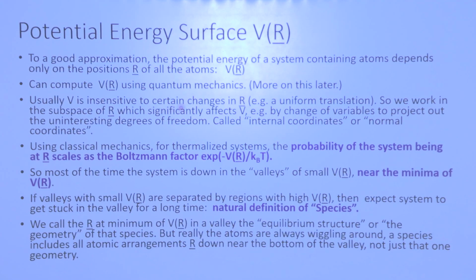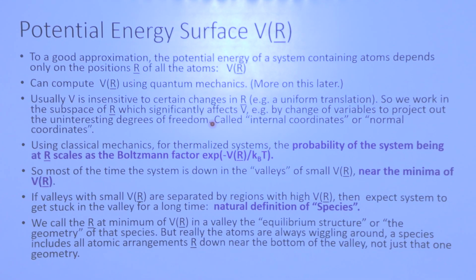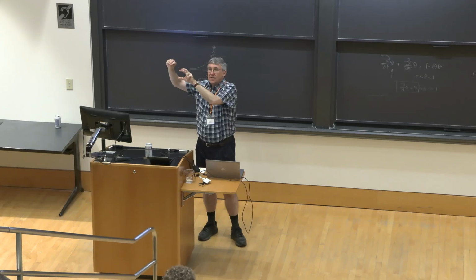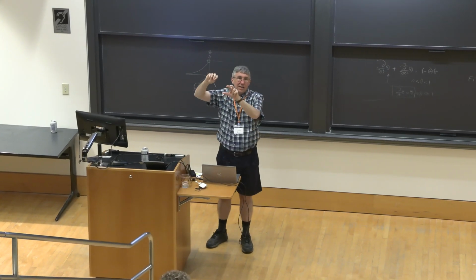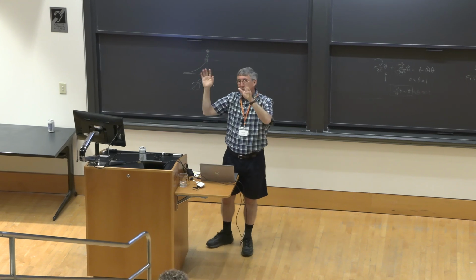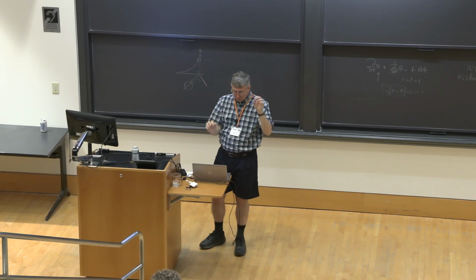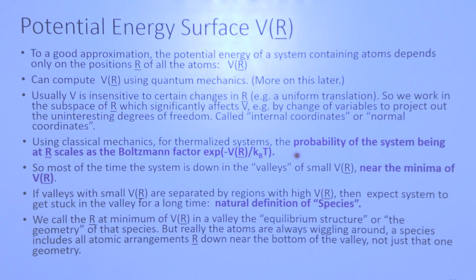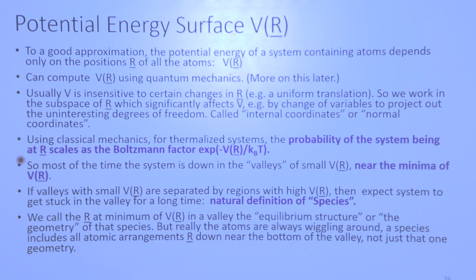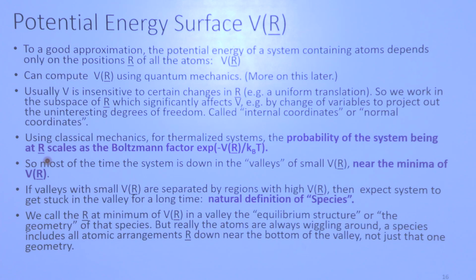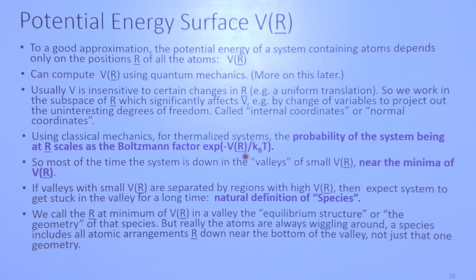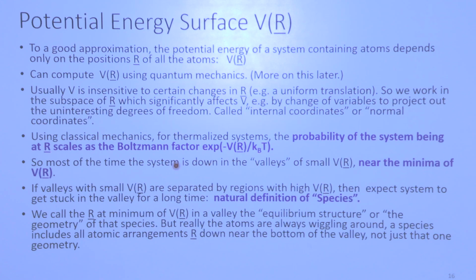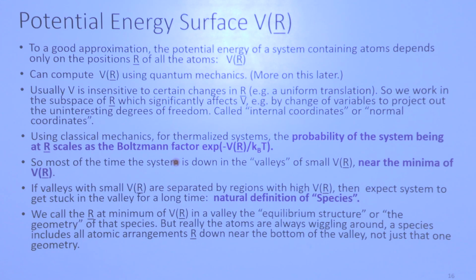But then there's a lot of trickery about this. Part of it is, if you take the atoms and just slide them along, that doesn't change the energy. Or if you do a rotation, it doesn't change the energy. So you work in a subspace of R, so it's a little complicated. And we can do classical mechanics and say, well, the probability that you have a system in a certain arrangement R of all the atoms is just the exponential of that energy divided by kB T. That's how you'd expect it to scale.